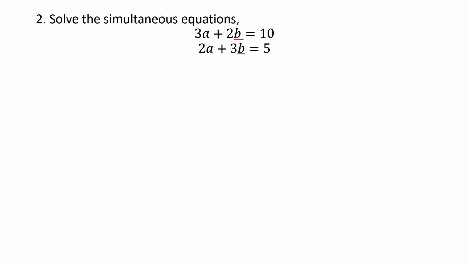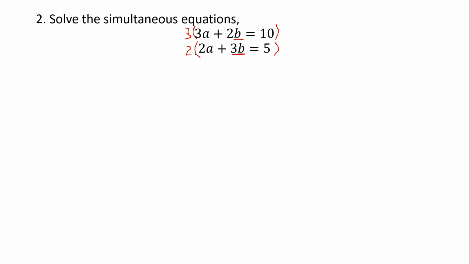So for this 2b to be 6b, we have to multiply the entire equation by 3. At the same time, for the coefficient of b in the second equation to be 6 as well, we also have to multiply the entire equation by 2.